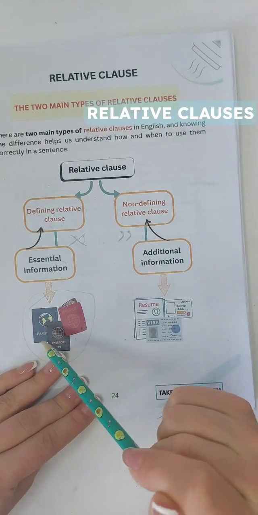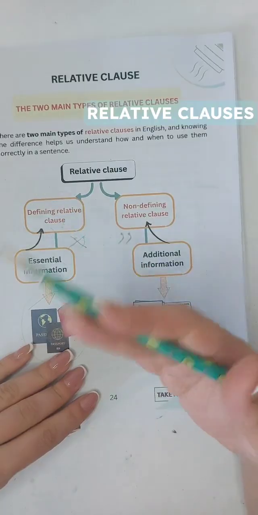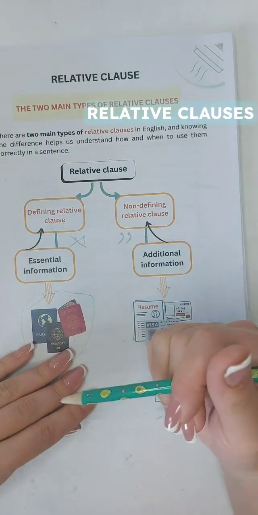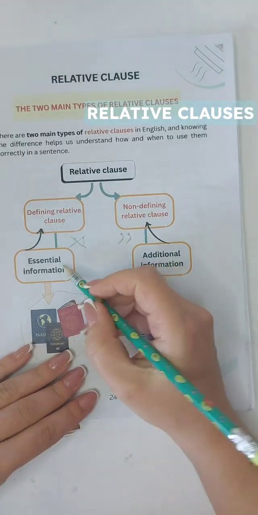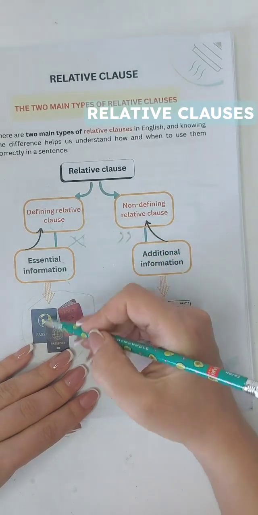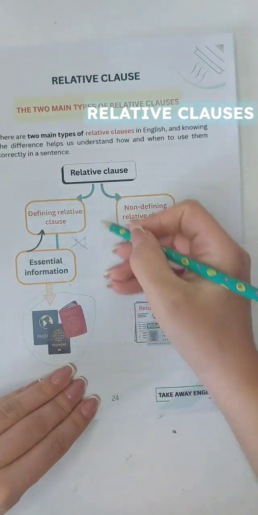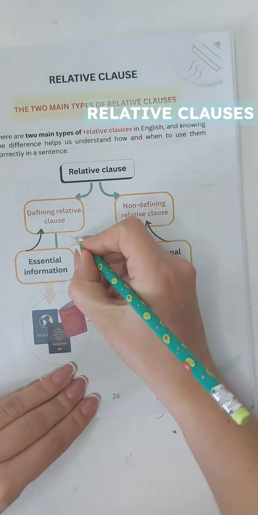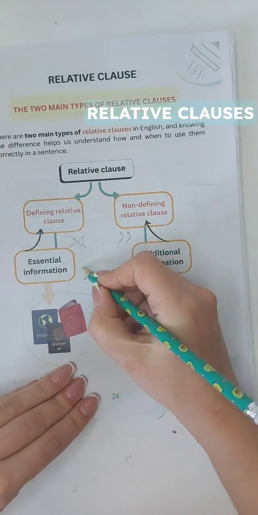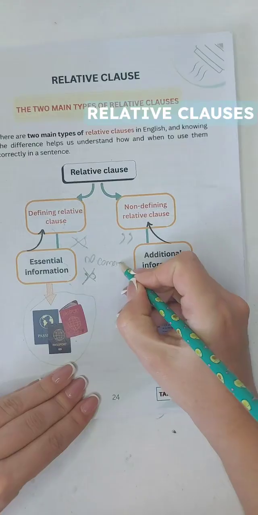Without this information, the listener won't understand who or what we are talking about. So this information is essential. And when using a defining relative clause, we do not need commas in a sentence, okay? No comma.